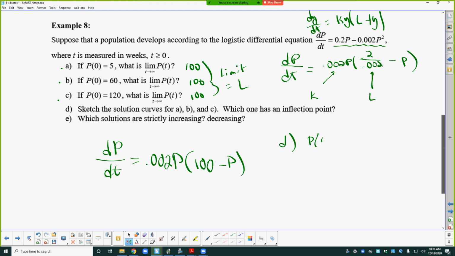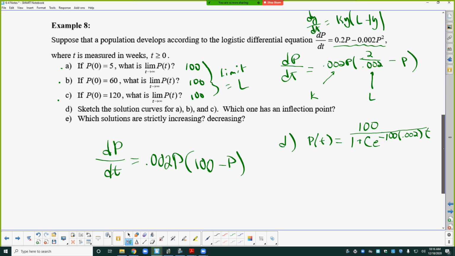So I'm going to write P of T equals L over 1 plus C e to the negative LK t. L is 100, K is 0.002, so here's my P of t equals 100 over 1 plus C e to the negative 0.2t. Not so bad.